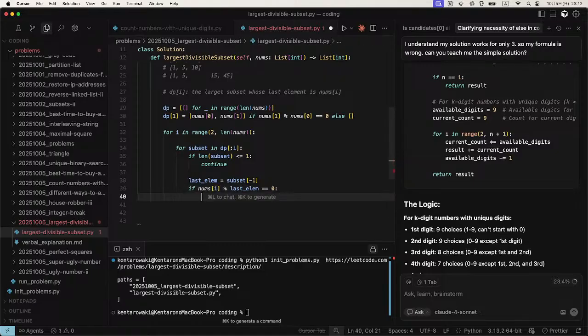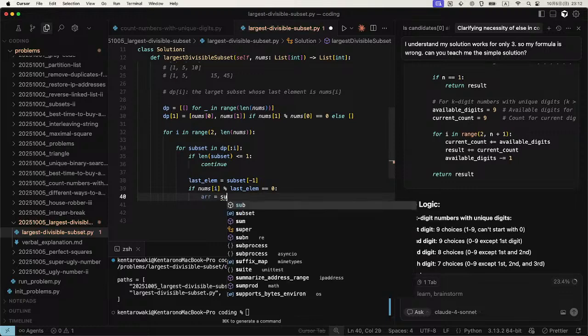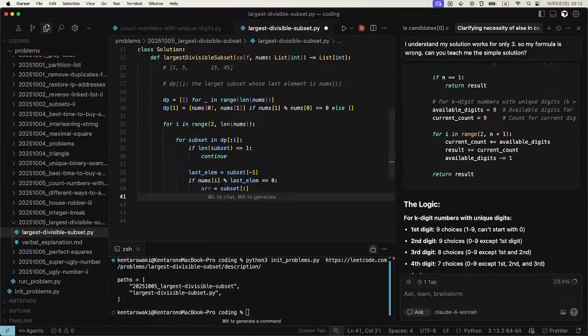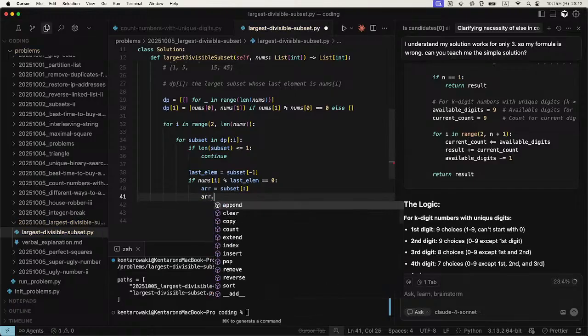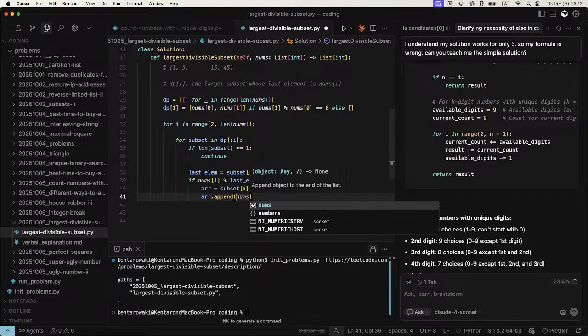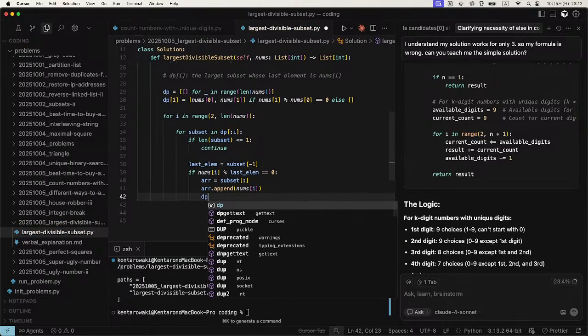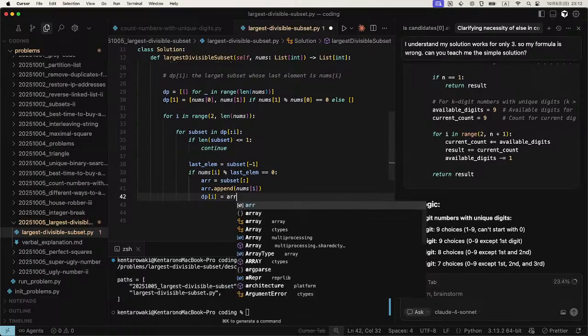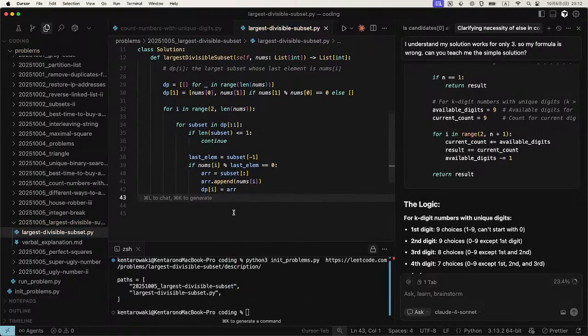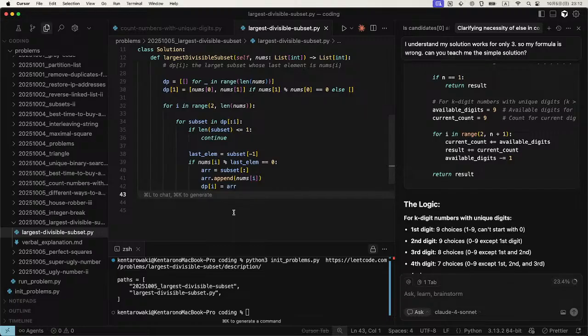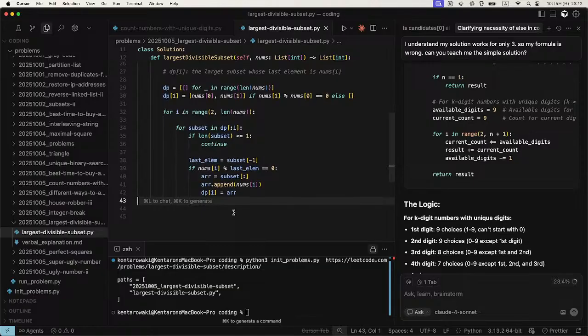If it is, that means we can update, so copy the subset and append the nums I, okay, and DPI is like this. Oh, wait.